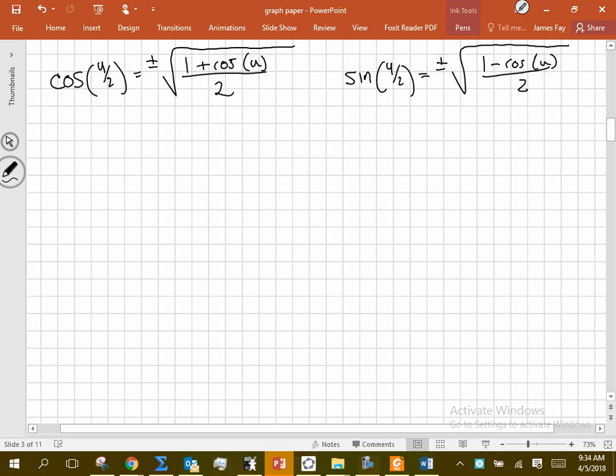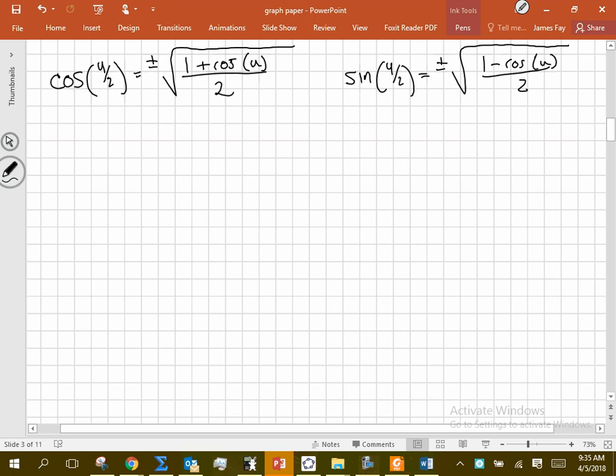I don't really have a great device or phrase that allows me to remember those signs. Obviously the right-hand sides of both those are the same, or very close to being the same, except for the plus and minus, right? So you might want to figure out a relationship and association that helps you realize which one's the plus sign and which one's the minus sign.